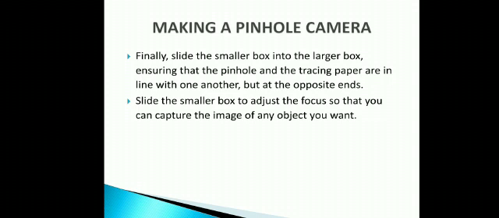We can roll two charts and close one end with a translucent sheet or any tracing paper for the translucent screen. At the other end, we cover it and make a small hole. With the help of that hole only, we are going to see the object.